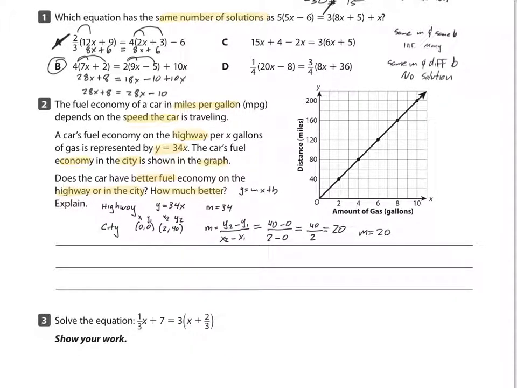So if you pretty much want to travel the same distance in the city, it's almost twice as much as driving with the gas on the freeway. So we know that the better option is the highway.